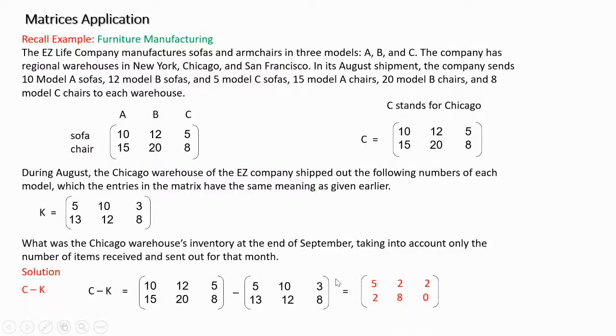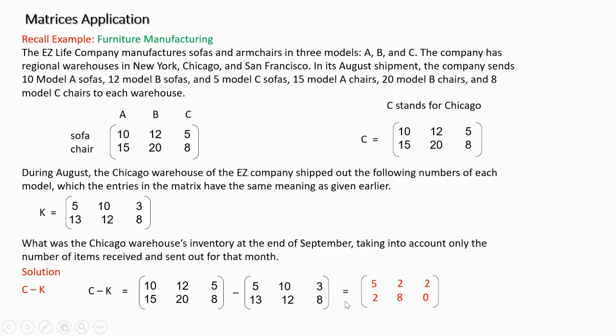It just means, guys, that this is with the sofas and this is with the chairs. It was model A, model B, and model C. So after the inventory ended in August, there were 5 Model A sofas left, 2 Model B sofas left, and 2 Model C sofas left.